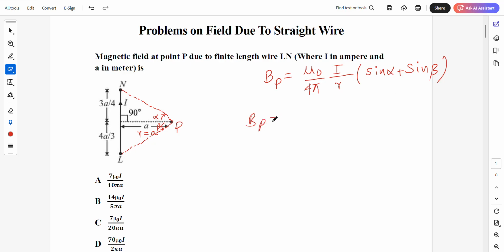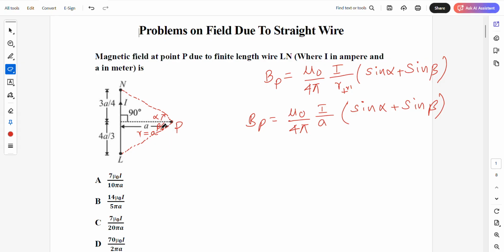Bp will be equal to what? Mu naught by 4 pi, I is given here, divided by the perpendicular distance between P and the straight current carrying conductor, A, into sine alpha plus sine beta.